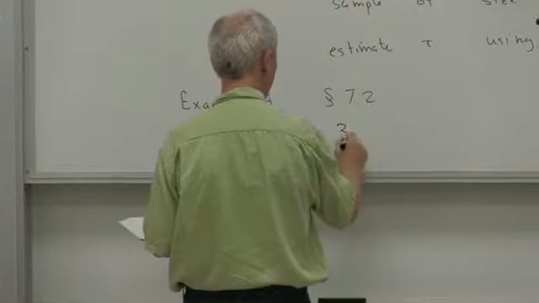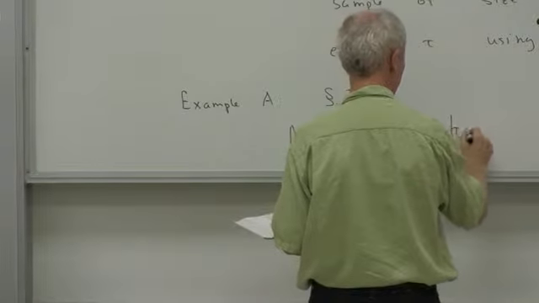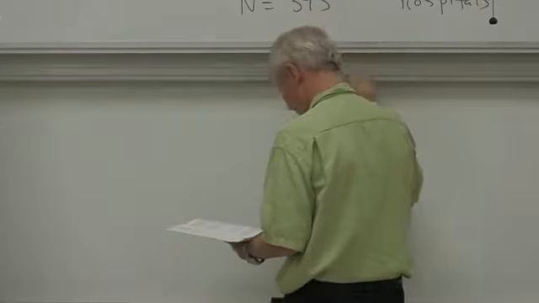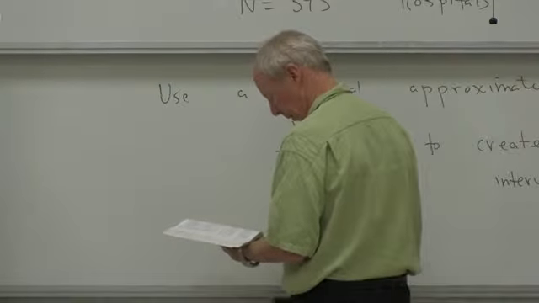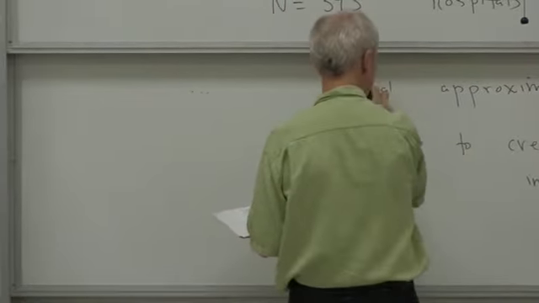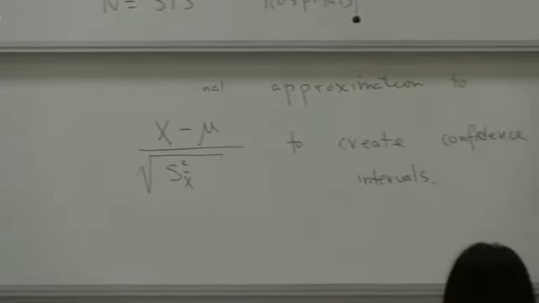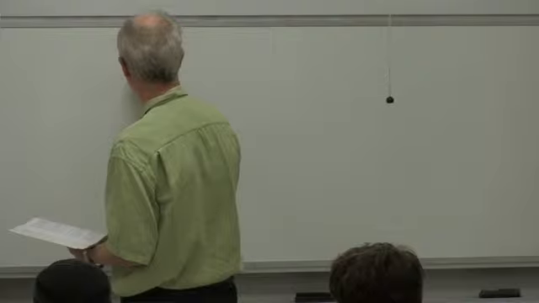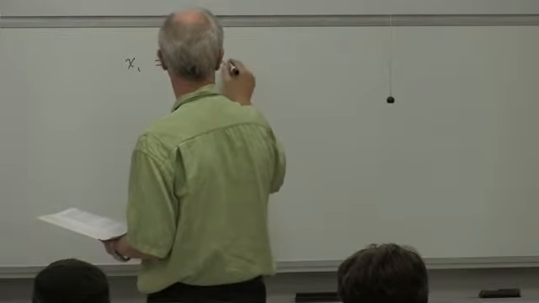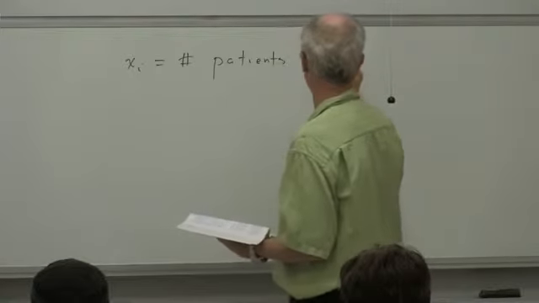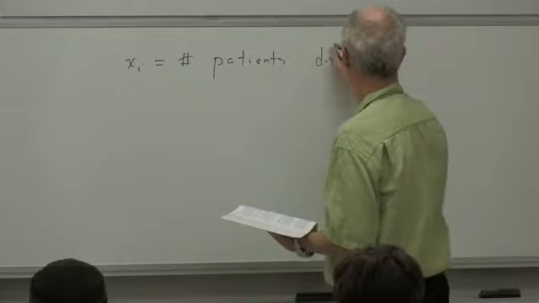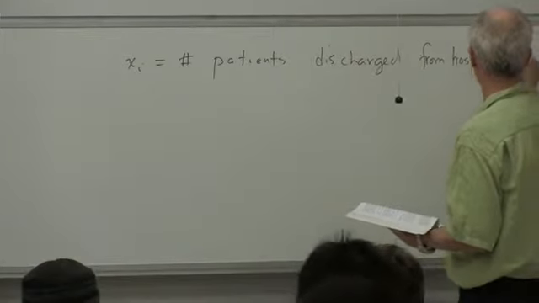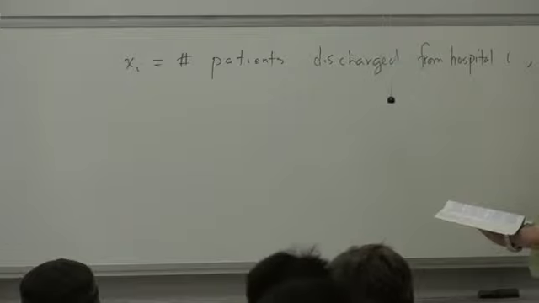Here we have n equals 393 hospitals. Little xi is the number of patients discharged from hospital i in January 1968.